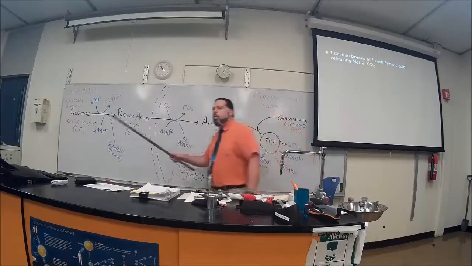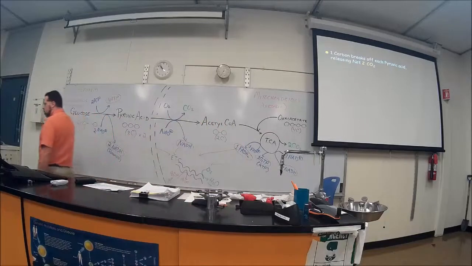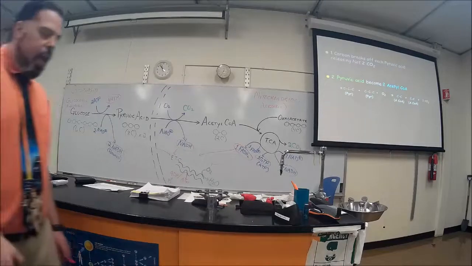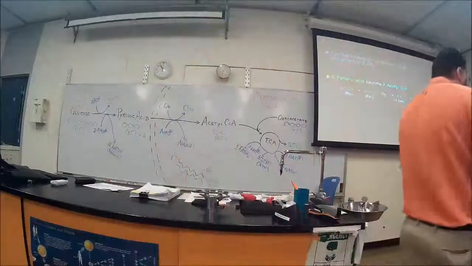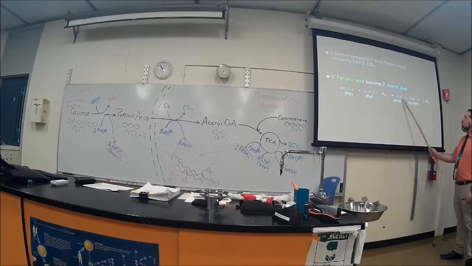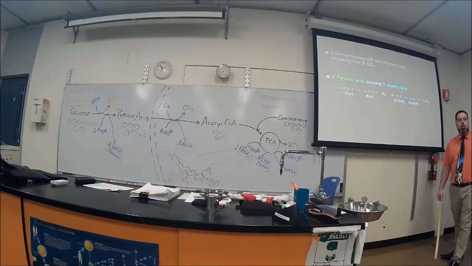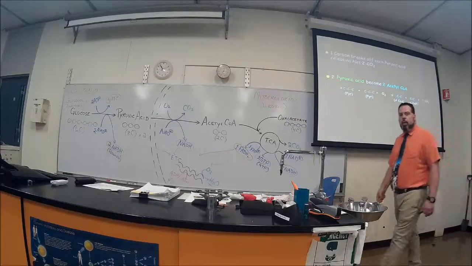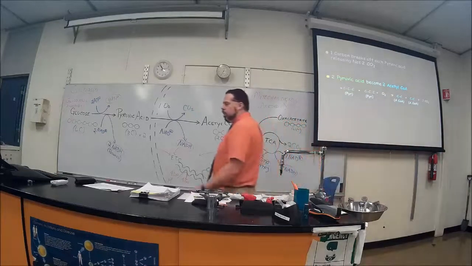You've got to follow the numbers. So the 2 pyruvic acids, which are 3-carbon structures, become 2-carbon structures called acetyl-CoA. The carbon dioxide gets released. There's the other carbon that was attached in the pyruvic acid.